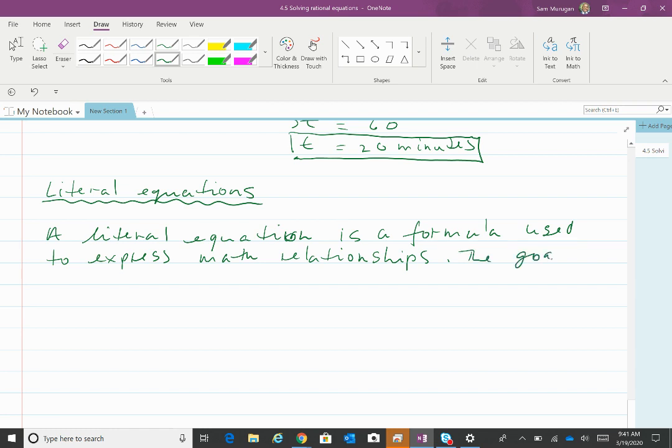The goal is to isolate the required variable.